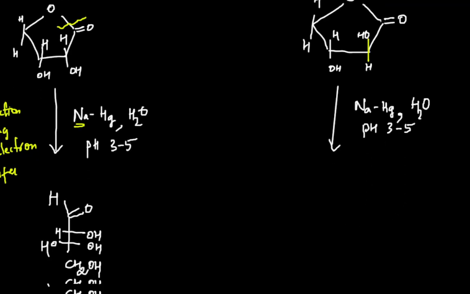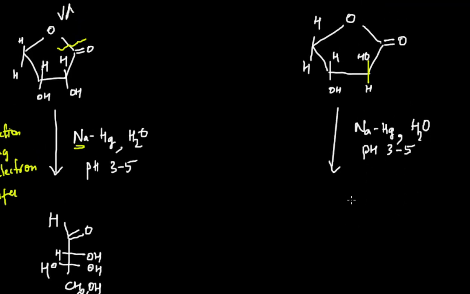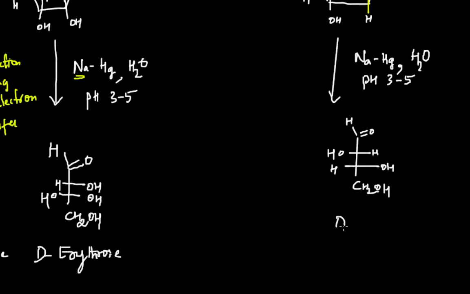So what you end up getting is the other tetrose. So this was your Kiliani-Fischer synthesis.